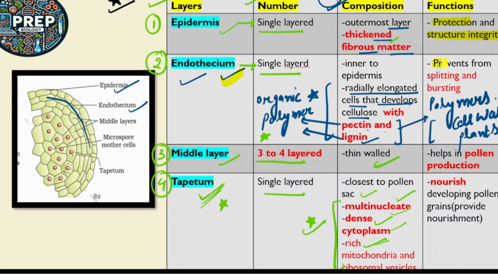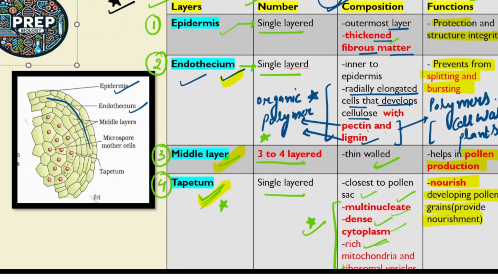Endothecium prevents splitting and bursting of the pollen sac, that is the microsporangium. It helps in preventing the bursting of a pollen sac. Next is the middle layer. Middle layer helps in pollen production, and the tapetum is for nourishment. It nourishes the developing pollen grains and provides the nourishment.